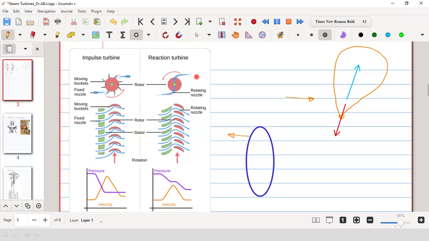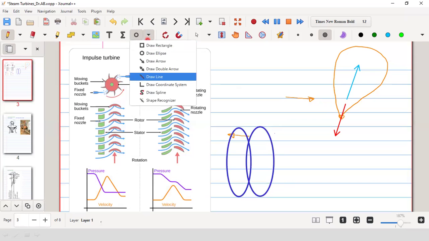The nozzle is with one plane. Let me show it more clearly.